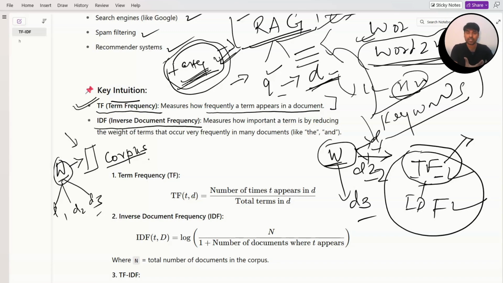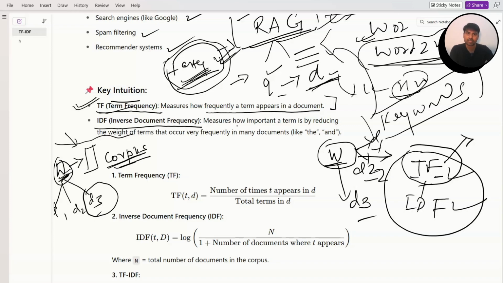These are common terms used in the NLP world. So in a given corpus, in a given set of documents, I want to find the importance of this word. TF finds the importance of a word in a given document, which is local to that document, but I want to find the frequency or importance of this word in the whole corpus.